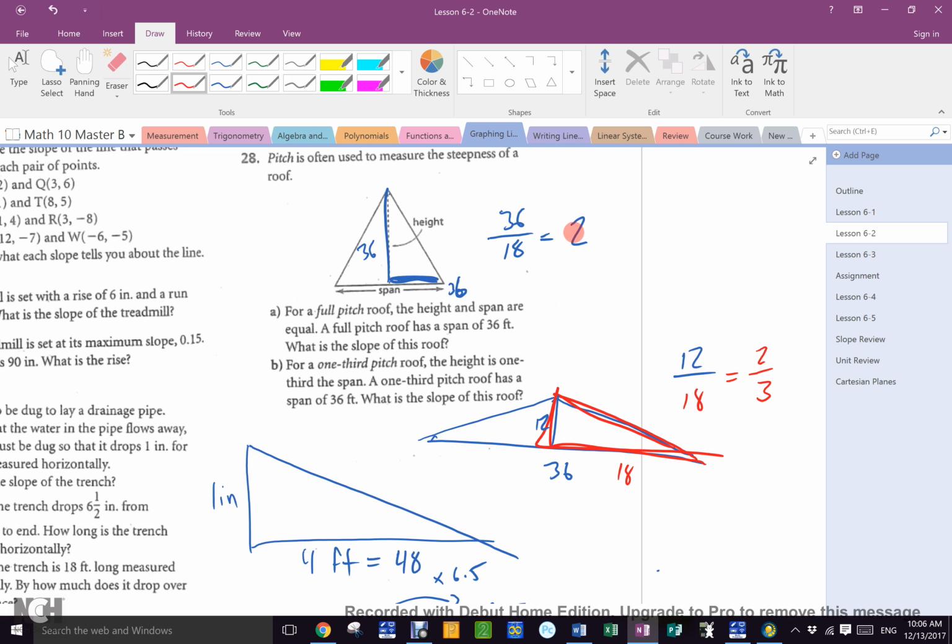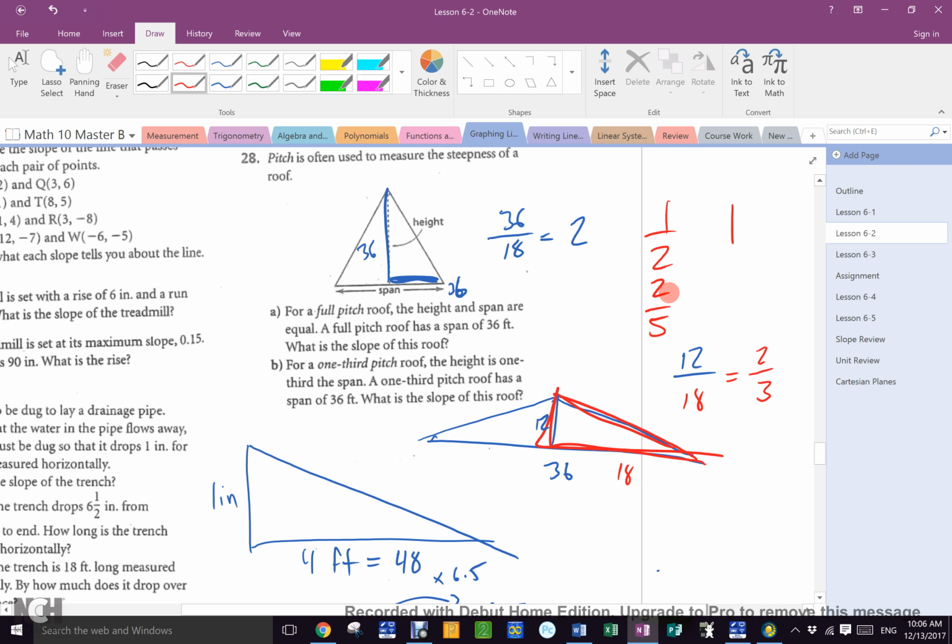What would the slope of a 2/5 roof be? Full pitch gets a slope of 2. Third pitch gets 2/3. A half pitch gets a slope of 1. So what would 4/5 pitch be? I did, damn it, I just gave away the answer.